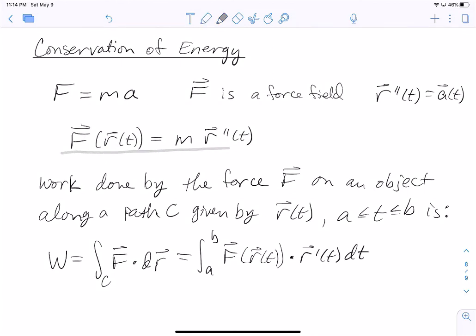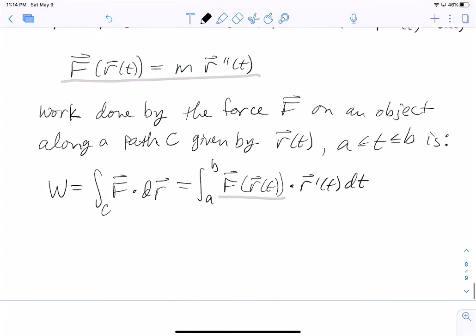And using the relationship that we already established, F is ma, F can be replaced by that ma. And so the work is equal to the integral from a to b of m times r double prime of t dotted with r prime of t dt.